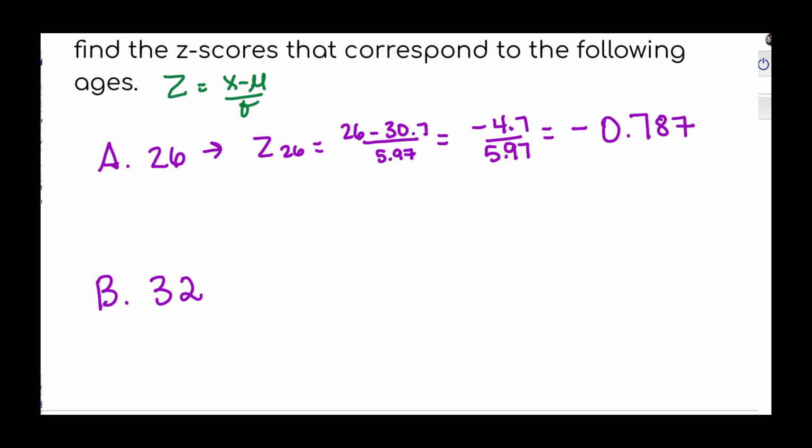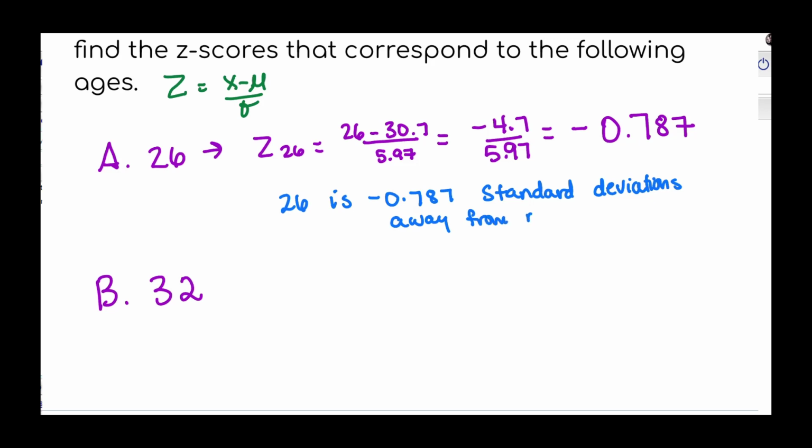So that means 26 is negative 0.787 standard deviations away from the mean. So it's not quite 1 standard deviation below the mean. So this is definitely below the mean, which would make sense because 26 is lower than 30.7.